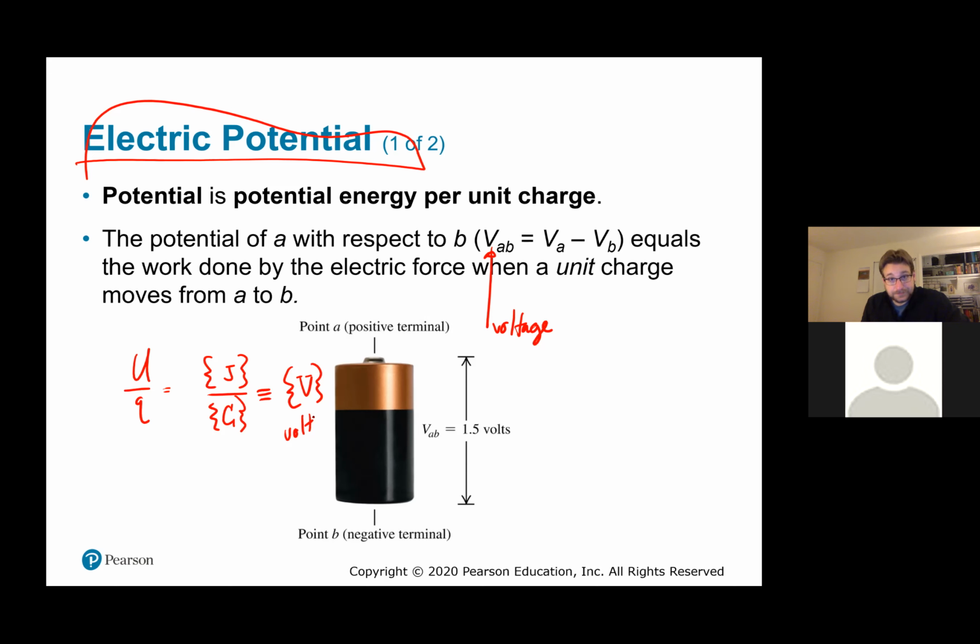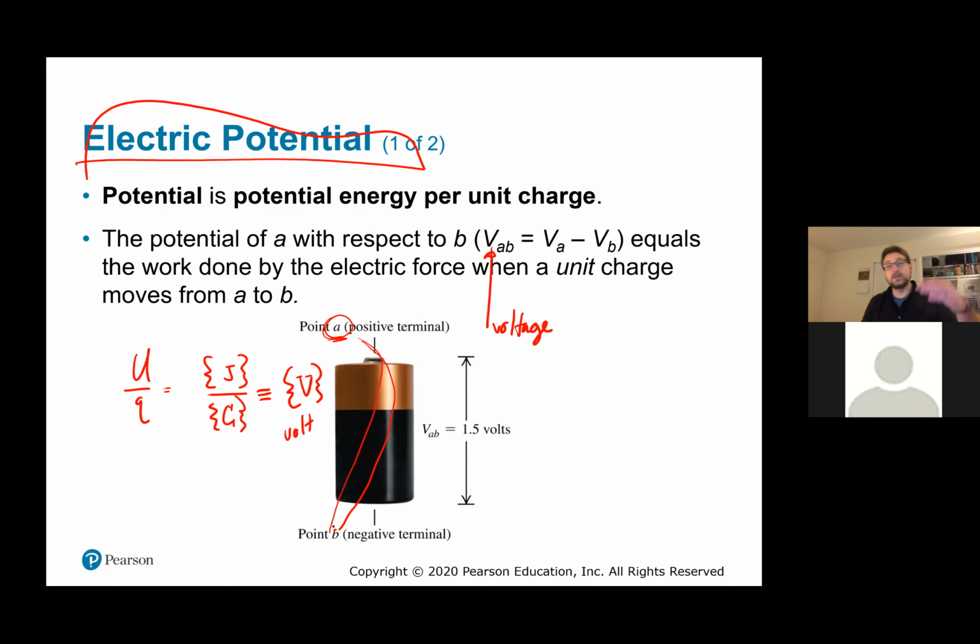The potential of A with respect to B. We at A turn around and look down to B. Where are we relative to where that is?